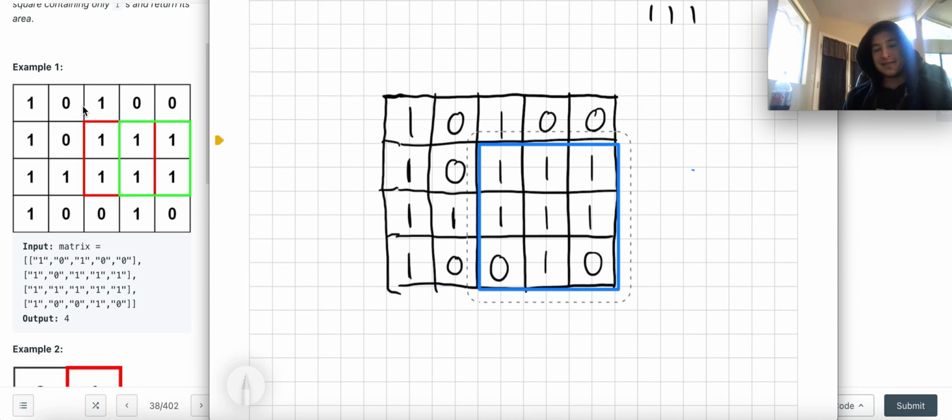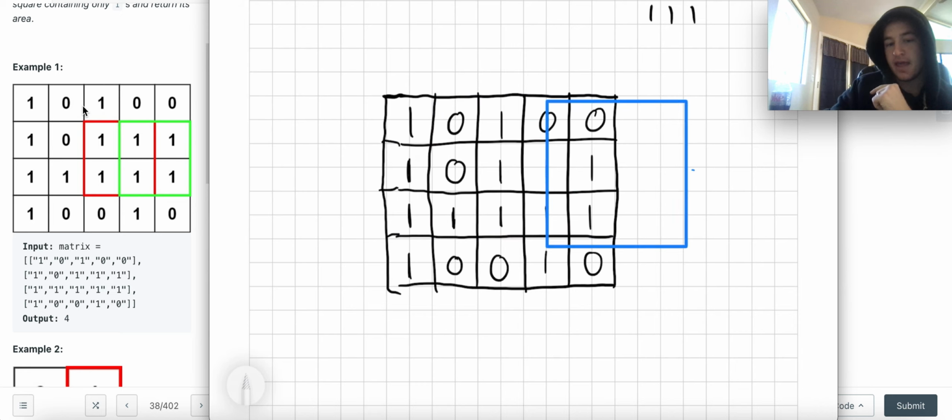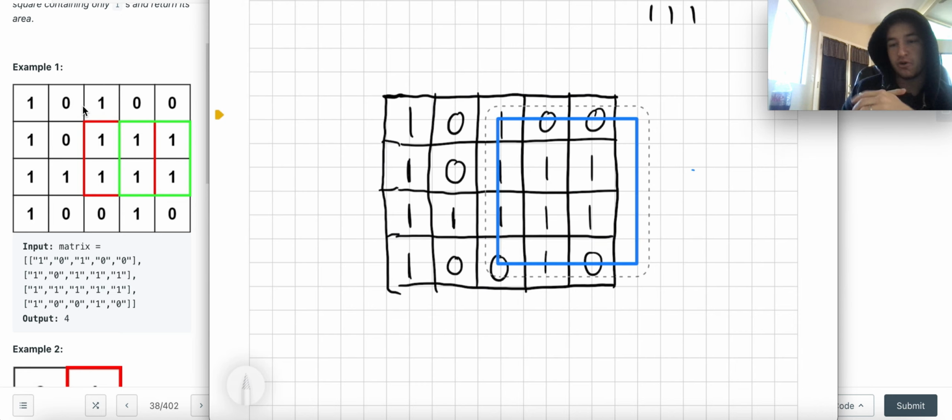Now, obviously, that's going to be really inefficient, right? Because how many square sizes do you have? You have min of m and n square sizes that you could possibly have, and for each size, you'd have to traverse every possible location of that square within the grid.